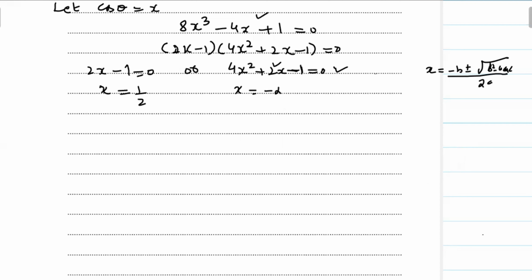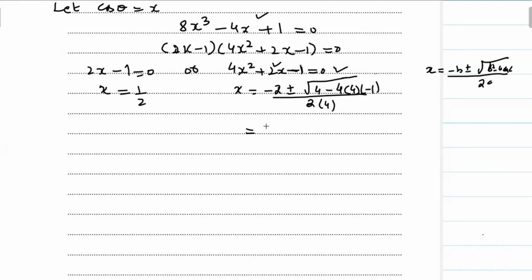We write minus 2 plus minus square root of b squared, 2 squared is 4, minus 4. A is the coefficient of x squared, that is 4. C is minus 1.